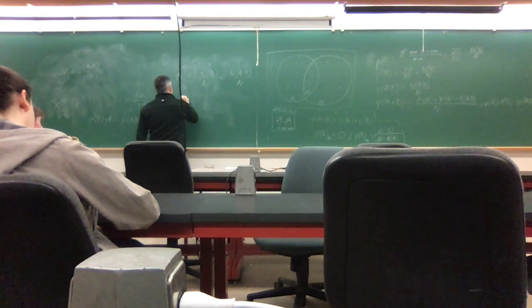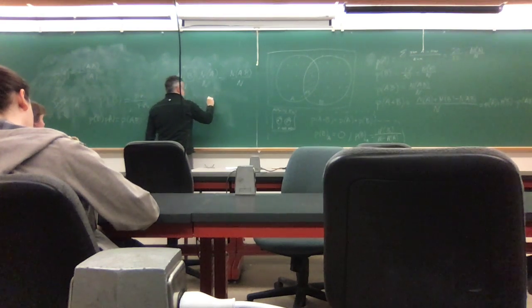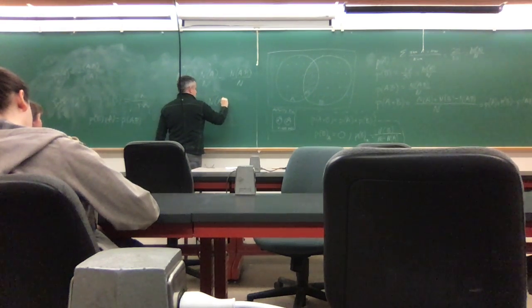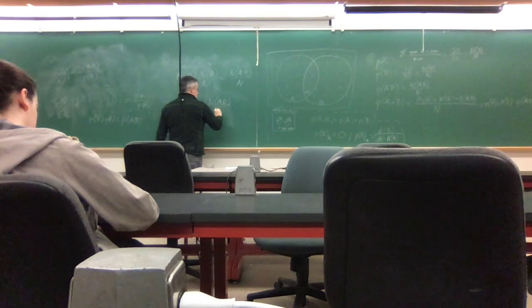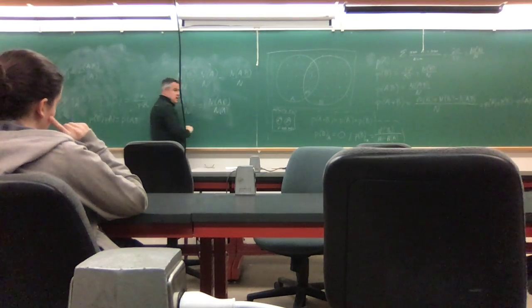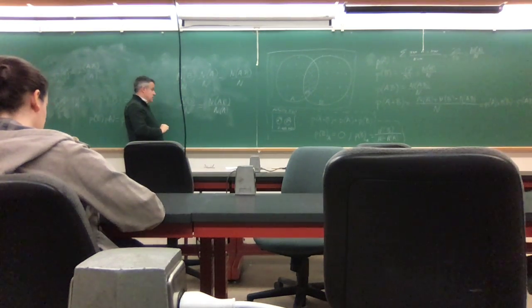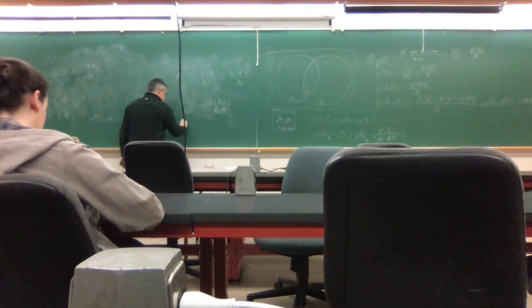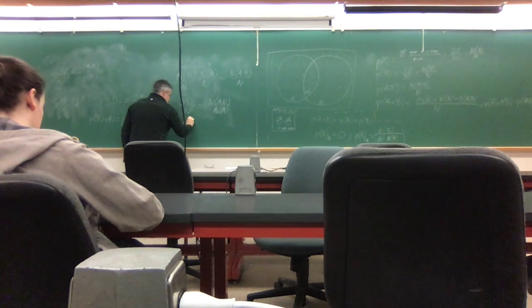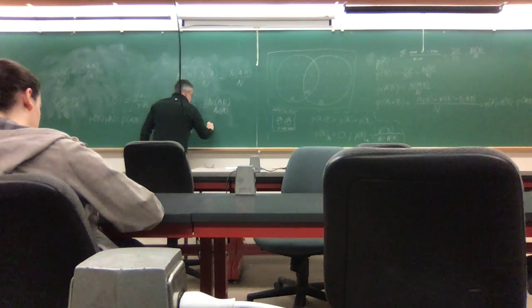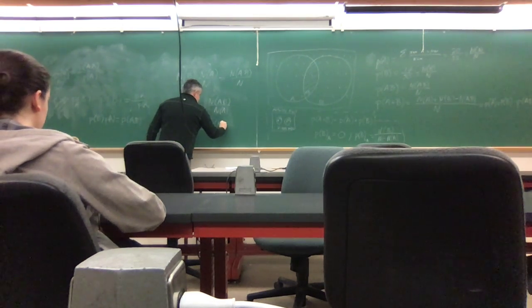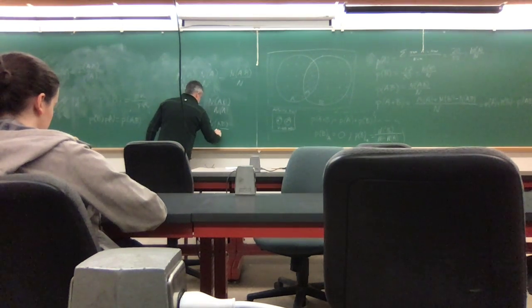So N(B) over N equals N(AB) over N(A). Or, can we rearrange it? N(A) over N equals N(AB) over N(B).